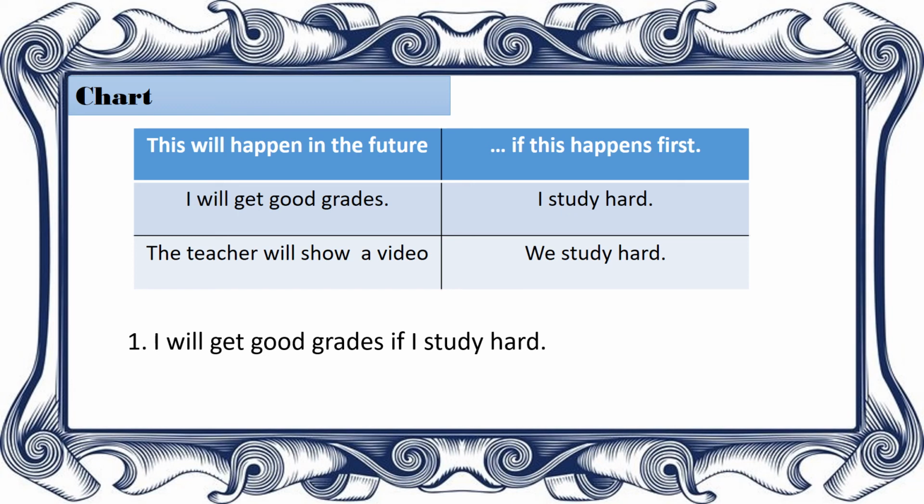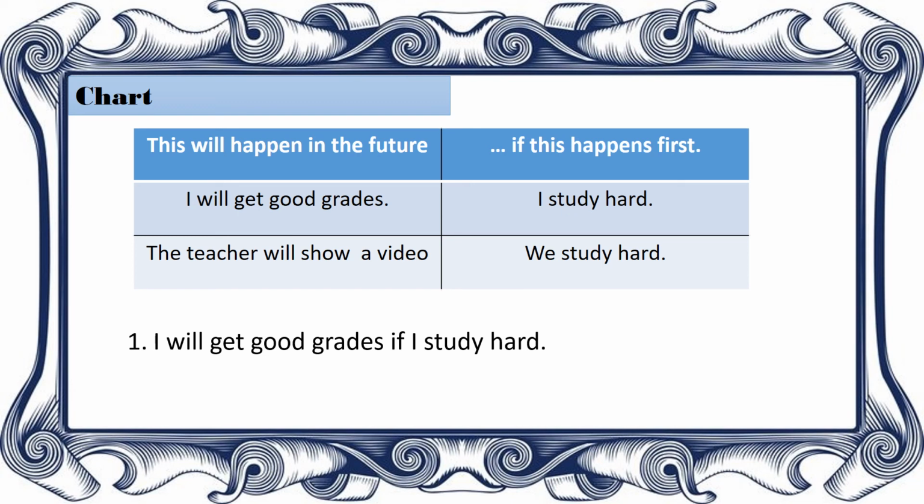And then the second example is the teacher will show a video, we study hard. For this one, we put if first because of course it's a condition. We put if we study hard and then we put a comma, and then we change this letter, the T, into lower case.